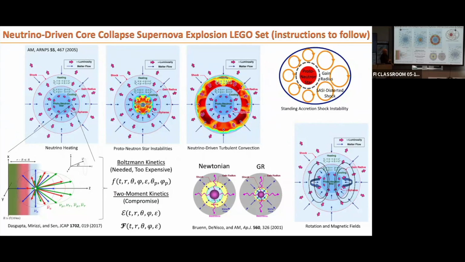This is known as the standing accretion shock instability, or the SASI. In 2 dimensions, there's one mode, a sloshing mode, back and forth, L equal 1, in the Legendre sense. And in 3D, there's an L equal 1 and an M equal 1 mode, a spiral mode.